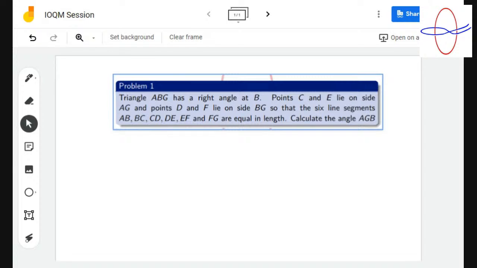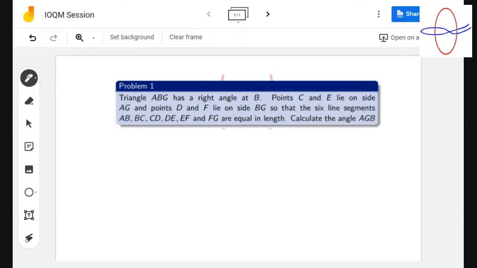Let's first draw the triangle. Triangle ABG has a right angle at B.